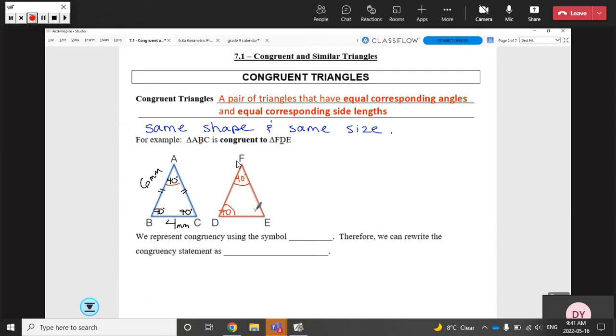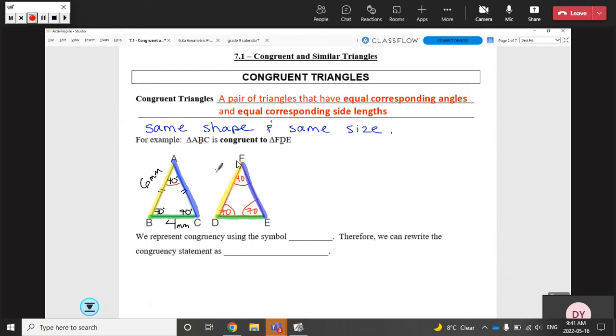And likewise, we have a 70 down here. Now, another cool thing is that we can look for the corresponding side lengths. So AB, the first two here, would correspond with FD. BC would correspond with DE, and CA would correspond with EF.